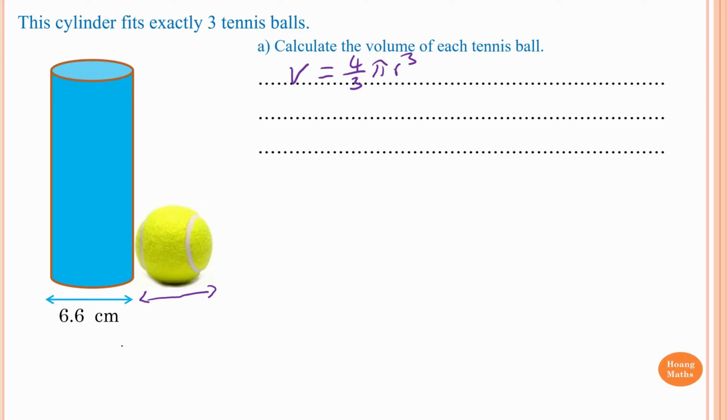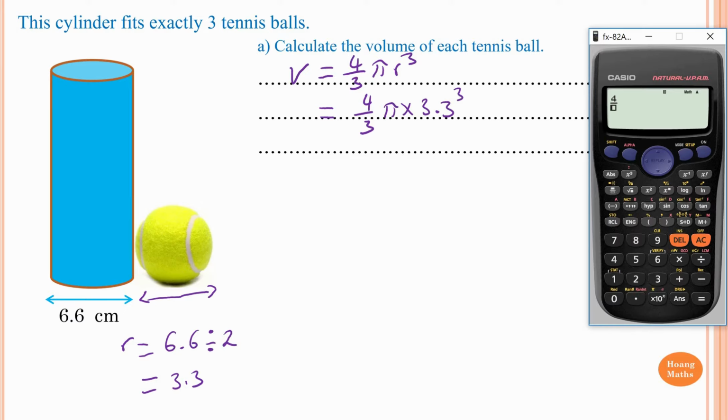So therefore, the radius of a tennis ball is 6.6 divided by 2, which equals 3.3. So therefore, V equals 4/3 pi times the radius cubed, which is 3.3 cubed.